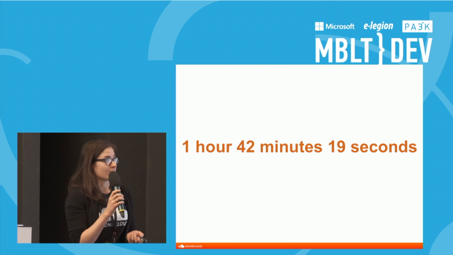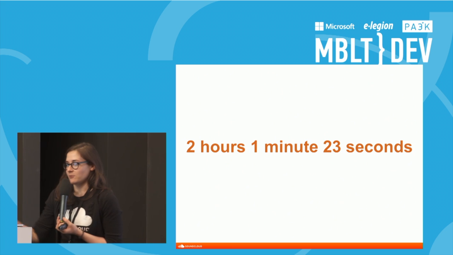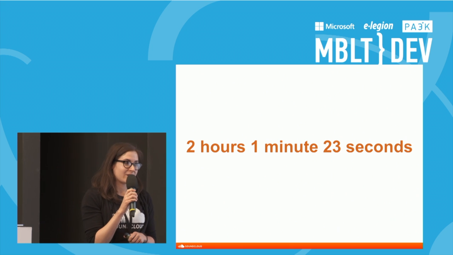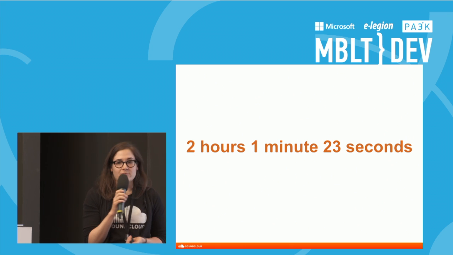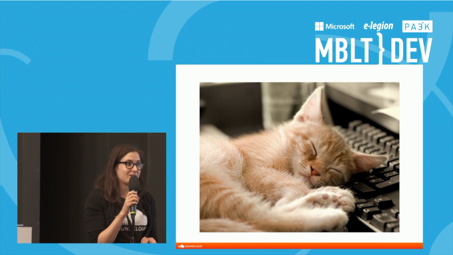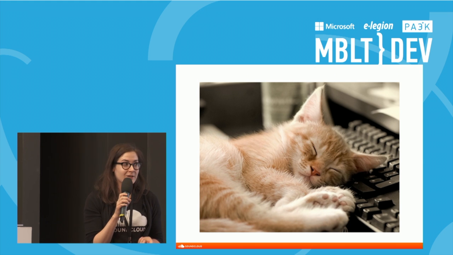To put a number to this: 1 hour, 42 minutes, and 19 seconds is how long it would take to run all of our iOS UI acceptance tests on one device. Or even worse, 2 hours, 1 minute, and 23 seconds on Android on one device, which basically just leads to this developer cat getting very sleepy at the keyboard, waiting for test results because they're taking way too long.